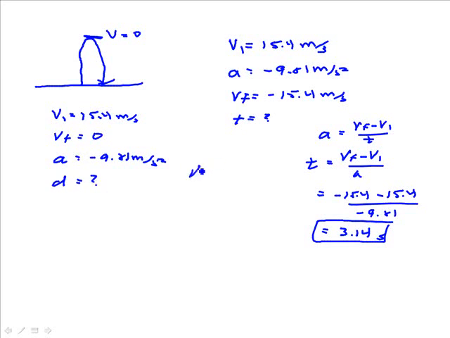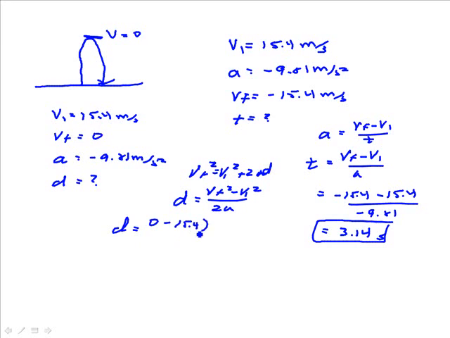Using Vf squared equals Vi squared plus 2AD, solve for d. It's equal to Vf squared minus Vi squared over 2A. And this is where all that formula manipulation comes in handy. It's equal to 0 minus 15.4 squared divided by 2 times negative 9.81.